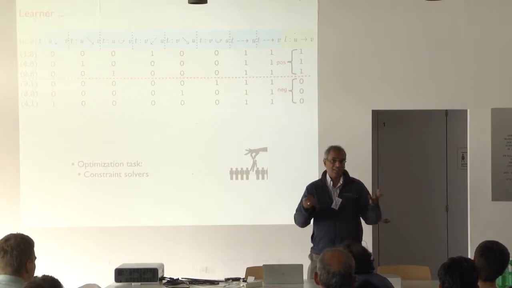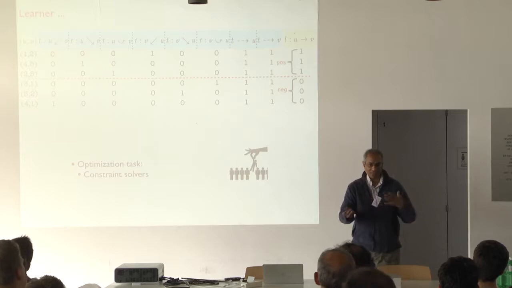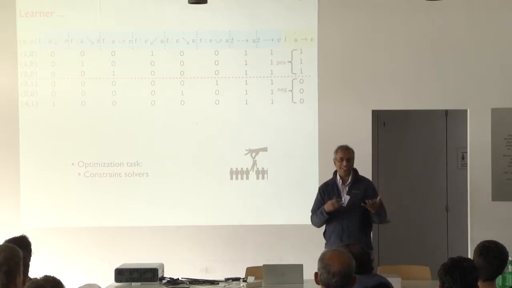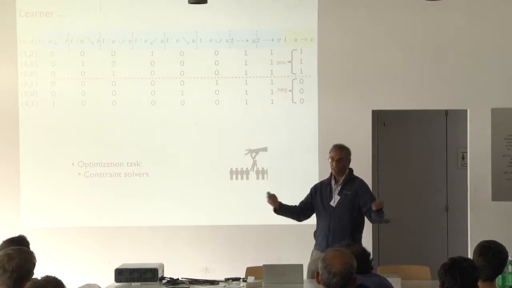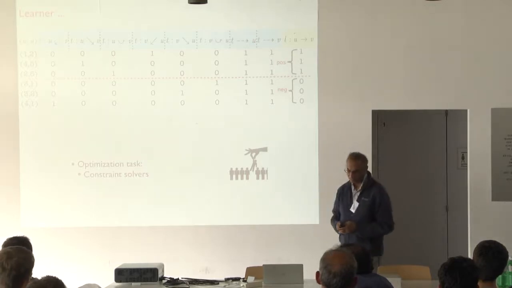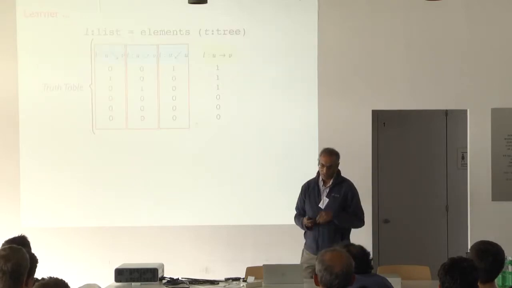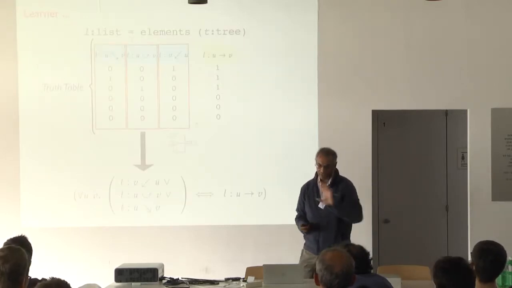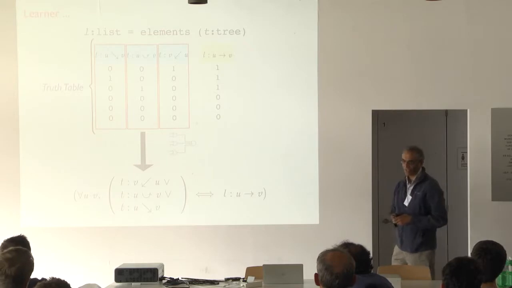Maybe my sampling, just doing this random testing strategy, is biased, and so I didn't get the information that I needed in order to partition the space appropriately. So let's hold that thought. So here's what happens when I build a truth table and I get the specification that I wanted.